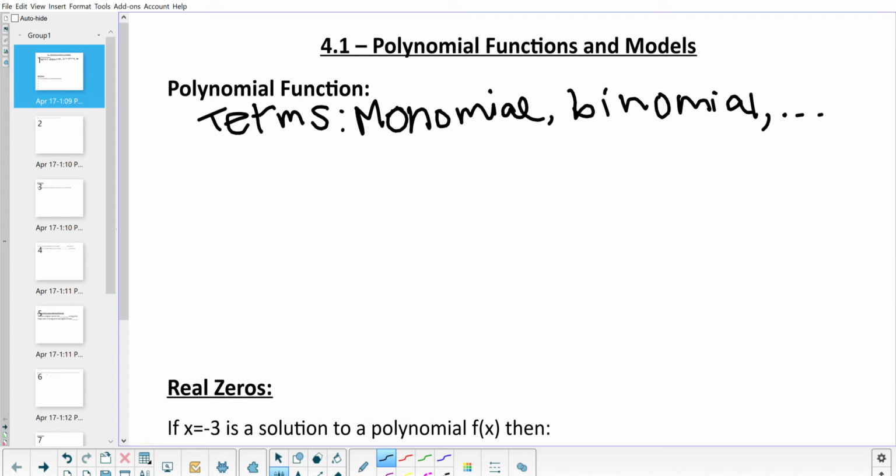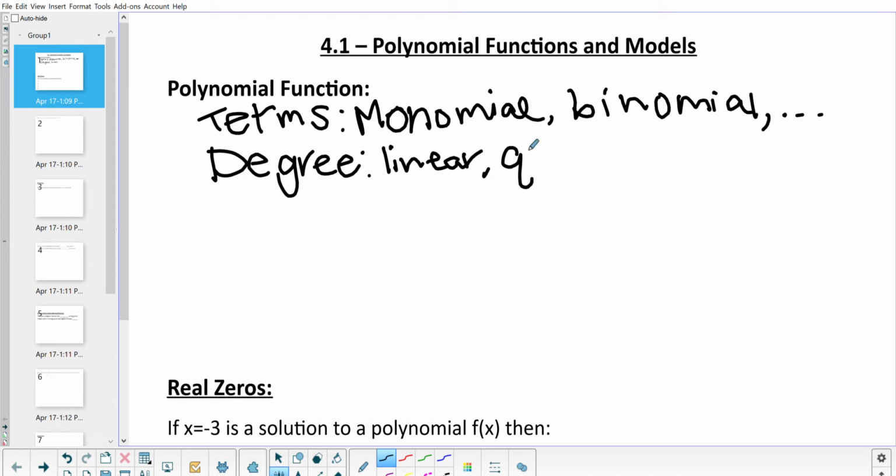Then we also classify polynomials by their degree, and that would be like a first degree. What do we call a first degree polynomial? If the highest degree in the polynomial is 1, that's a line. So we have lines or linear, and then second degree is quadratic.